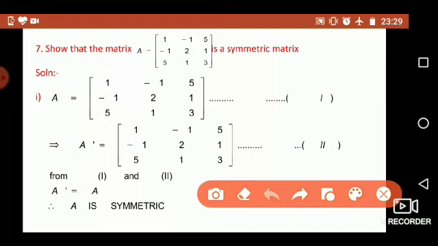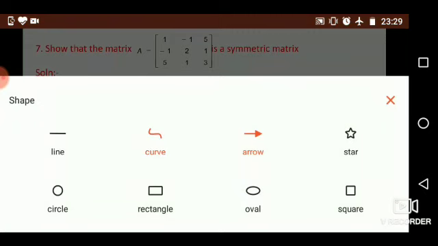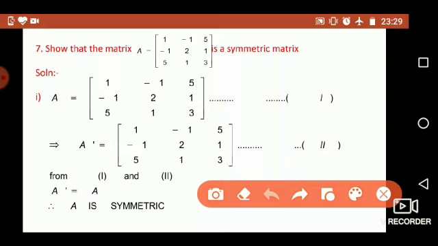Dear students, we have studied the definition of symmetric and skew symmetric matrices.